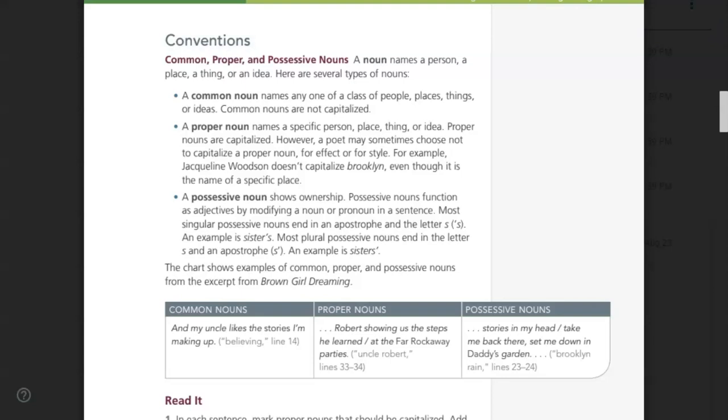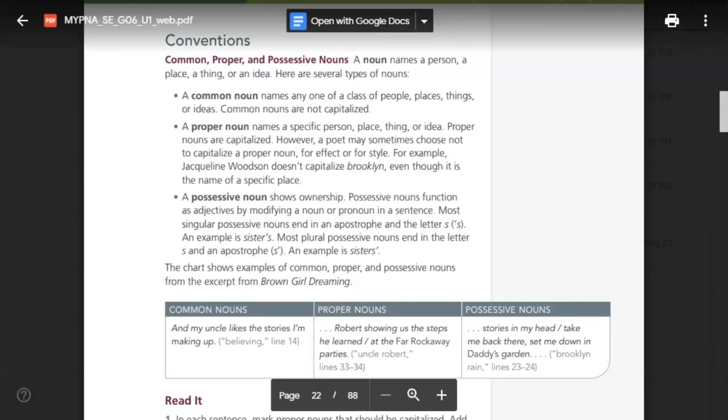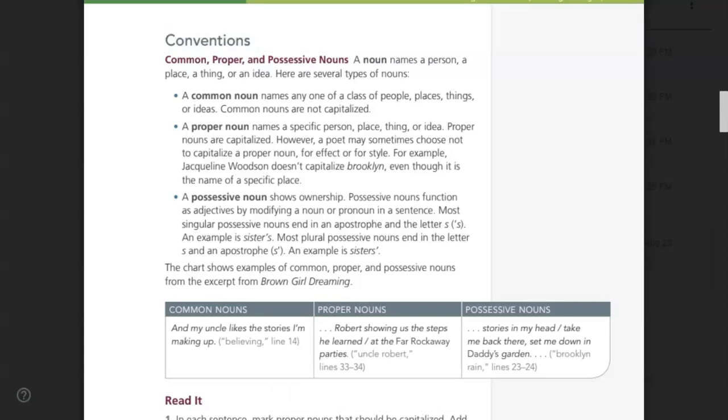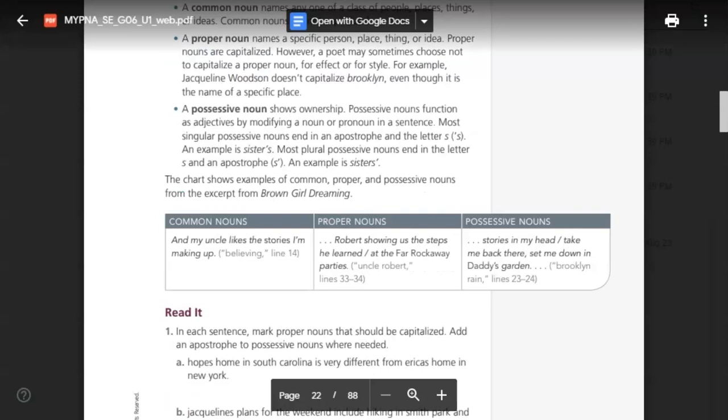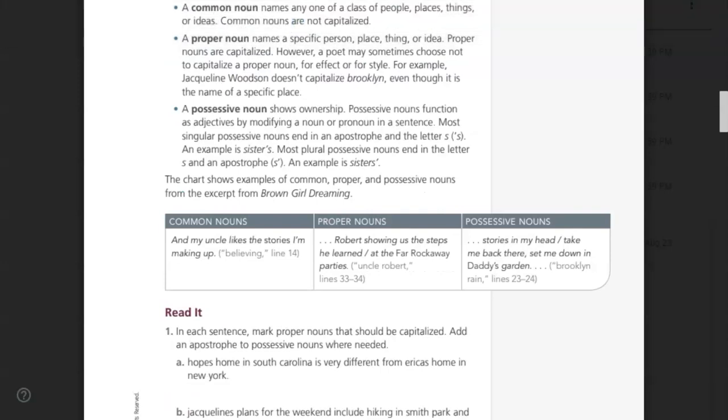The chart shows examples of common, proper, and possessive nouns from the excerpt. Okay. So our common nouns: my uncle likes the stories I'm making up. So uncle, common noun. Stories, common noun. Proper nouns: Robert showing us the steps he learned at the Far Rockaway parties.